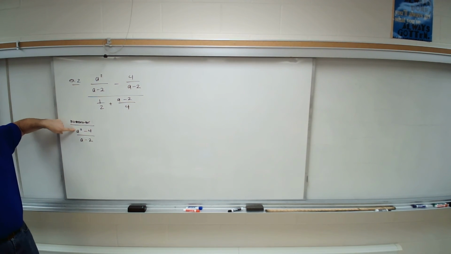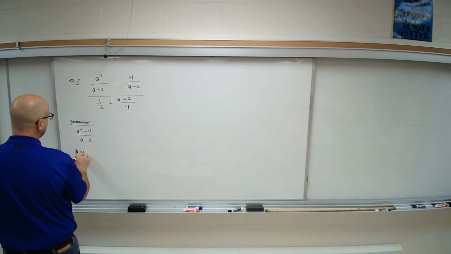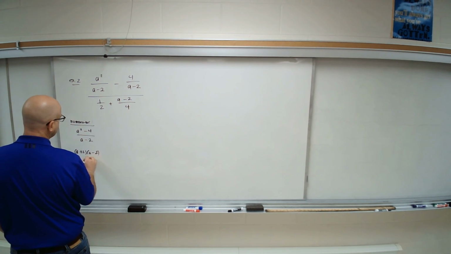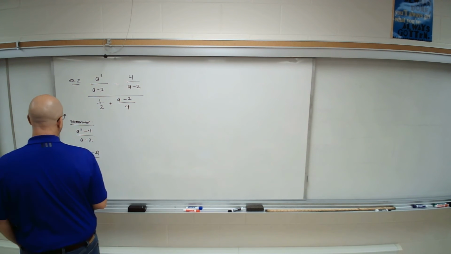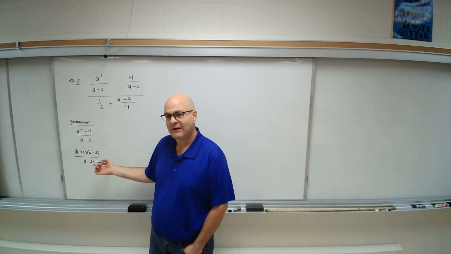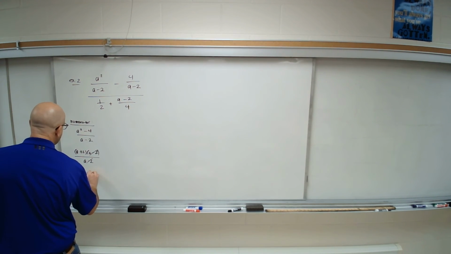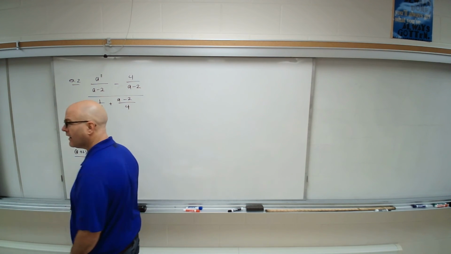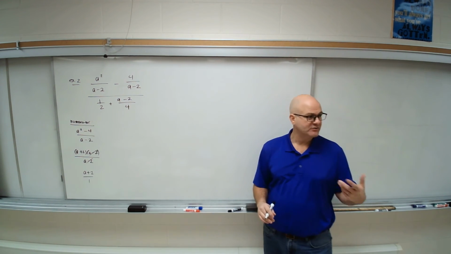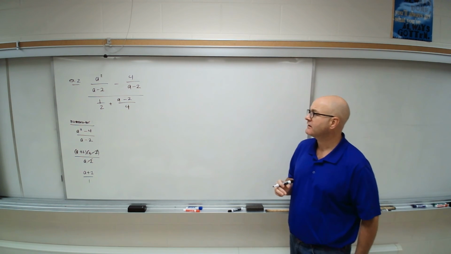Now, do you notice this top does factor? It'll become a plus 2, a minus 2 over a minus 2. Then we have a factor that cancels out, don't we? So let's cancel that. But I'm still going to write that as a plus 2 over 1, because I'm going to need to use that as a fraction when I deal with the whole fraction together.